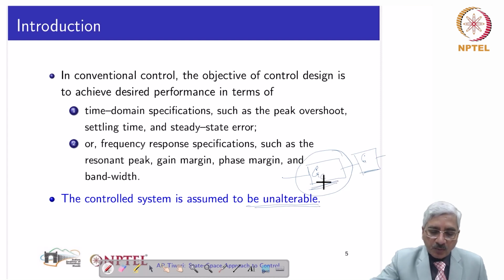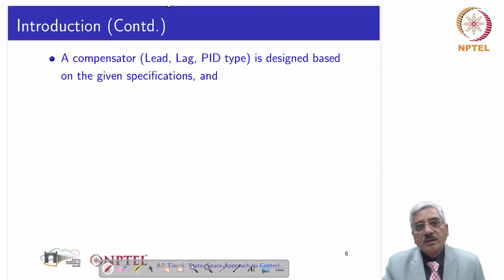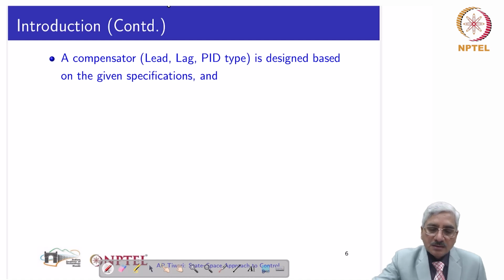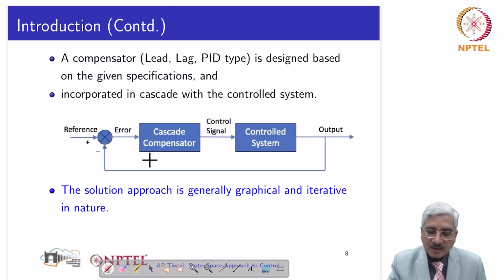So with those objectives, the design is to make a suitable controller for getting the desired performance specifications, either in terms of time response or in terms of frequency response. And usually a cascade compensator is put in the forward path before the control system like this.